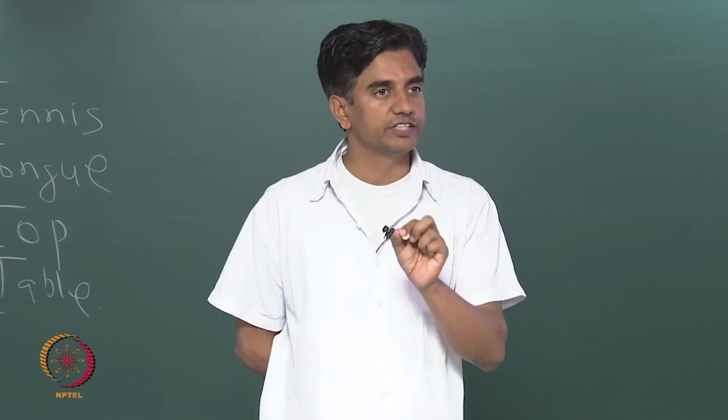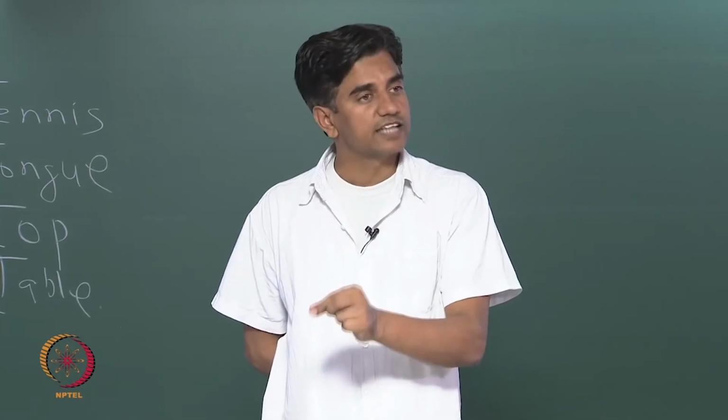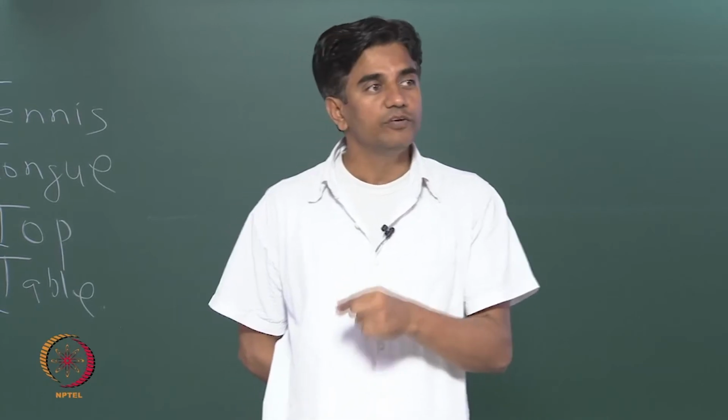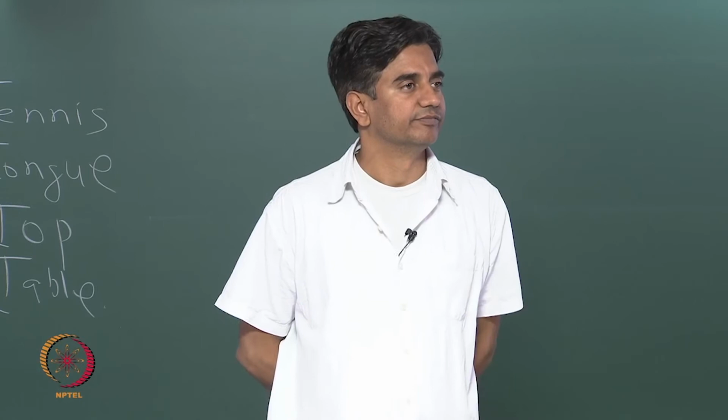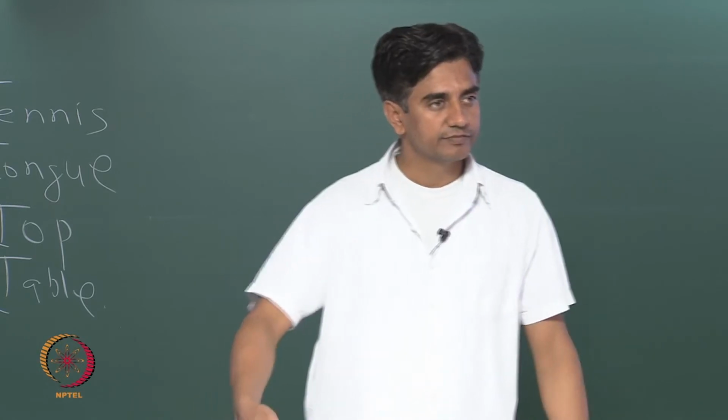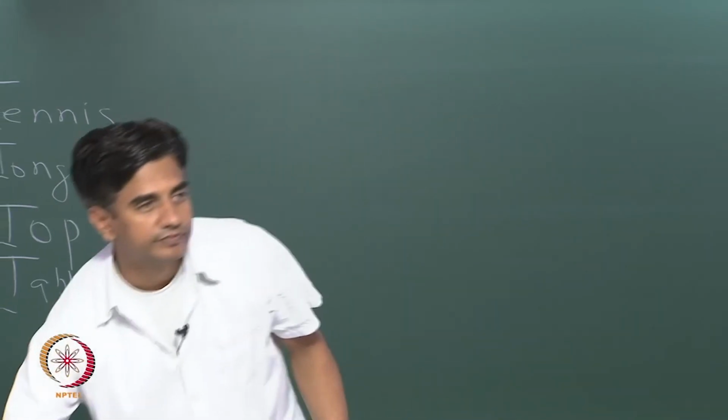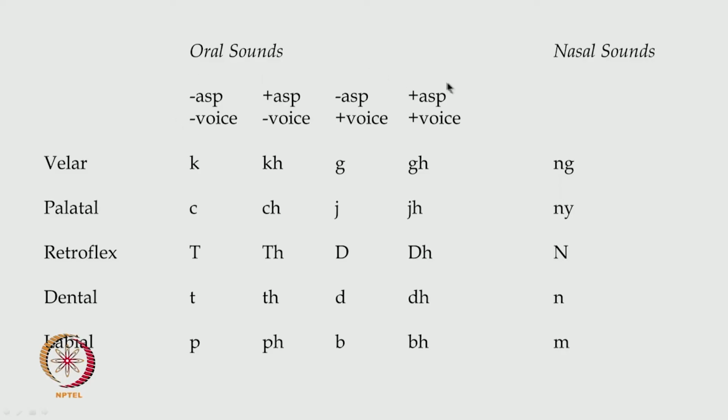The distinctive feature each of these sounds get only when we look at plus aspiration minus voicing. You see this top thing? So the application of 0, 1 in binary coding of artificial language is coming from here.